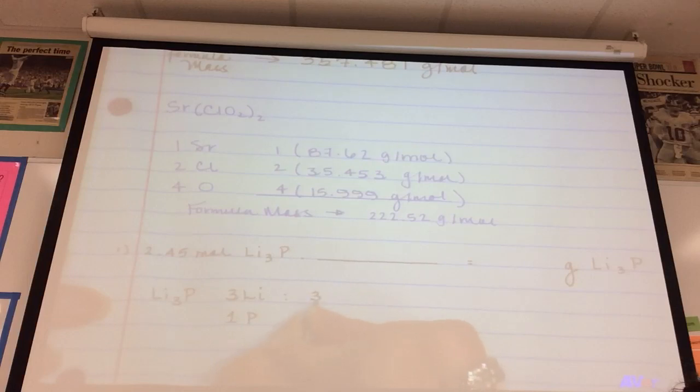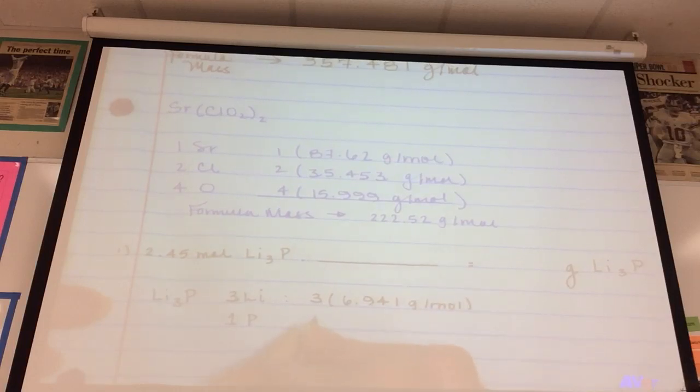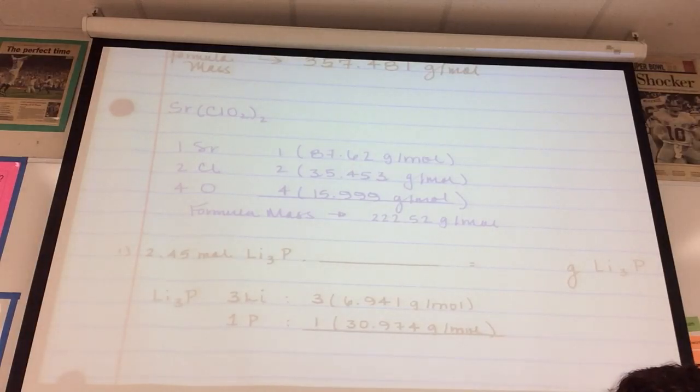Off the periodic table, 3 times the molar mass of lithium, 1 times the molar mass of phosphorus, again off the periodic table. And you're going to add those together.